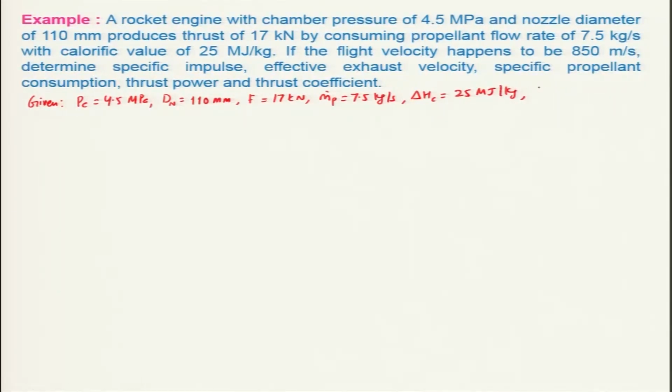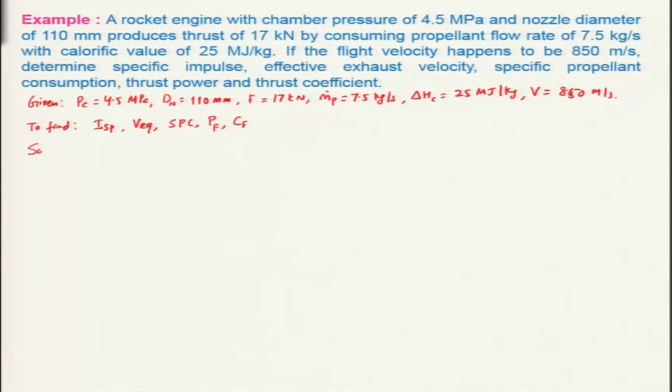The flight velocity V is 850 meter per second, and we have to find the specific impulse I_sp, effective exhaust velocity V equivalent, specific propellant consumption SPC, thrust power P_F, and thrust coefficient.